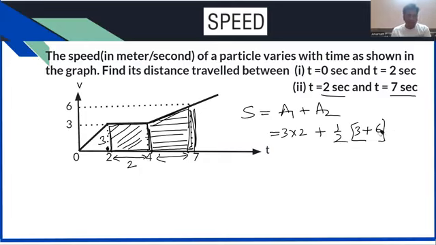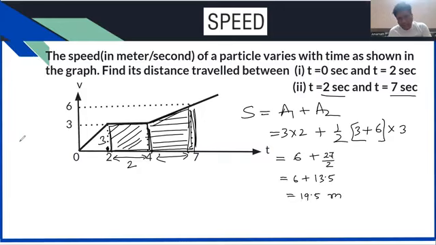So half into 9 into 3 is 27 by 2, which is 13.5. It is in meters.